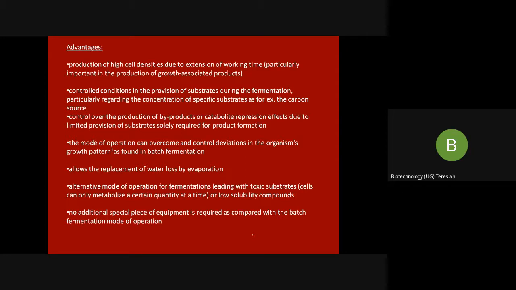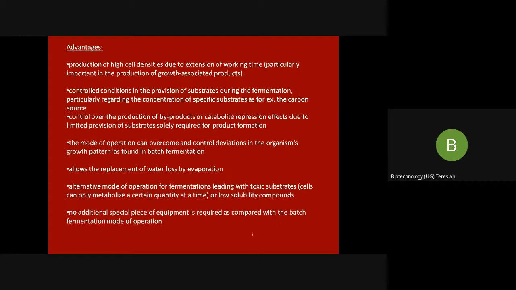This is another advantage, particularly important in the production of growth associated product. Control condition in the provision of substrate during the fermentation, particularly regarding the concentration of specific substrate, for example the carbon source. So you are controlling what? Your carbon source. Okay.